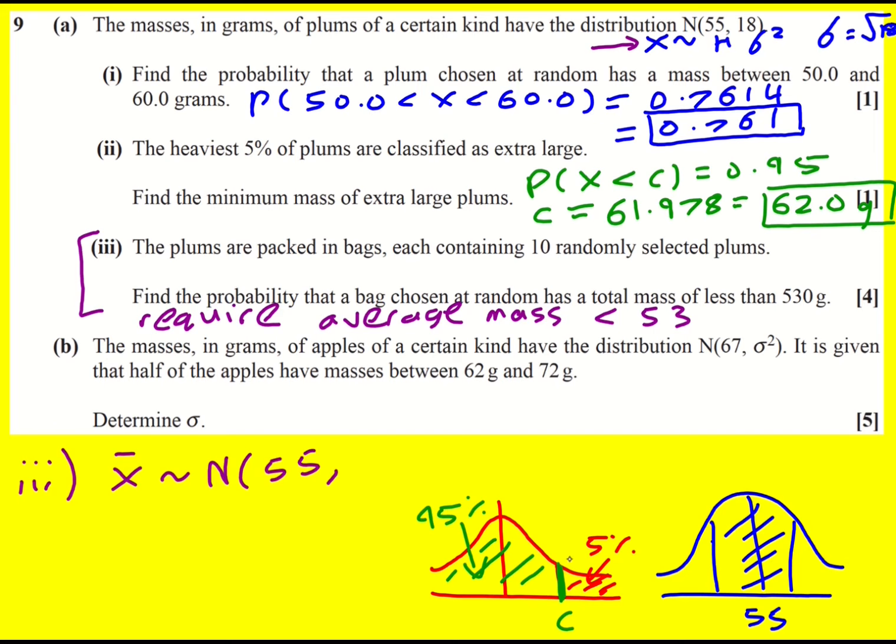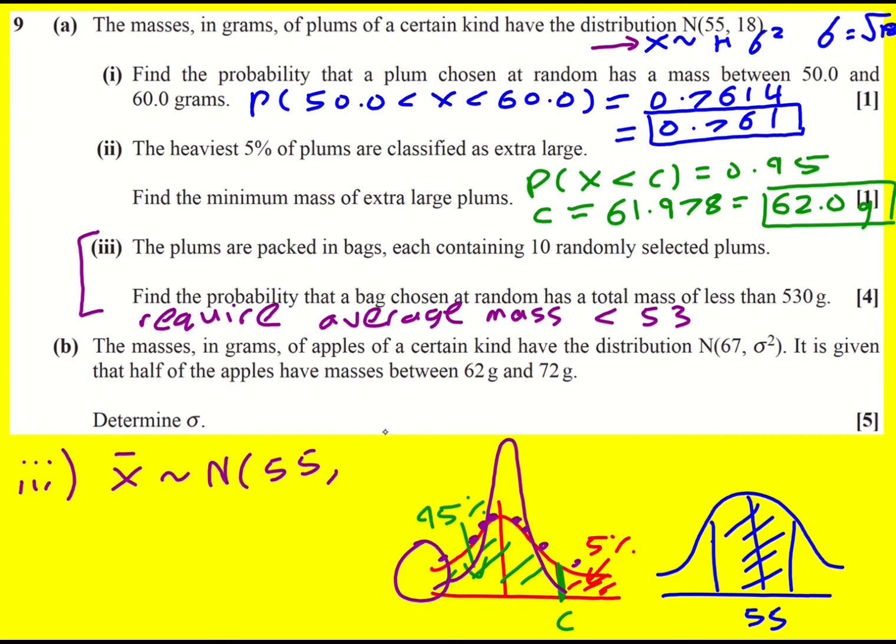But now when we're collecting together 10 masses, there's going to be more around the peak, because there's a higher chance of being picked. You're going to end up with a thinner normal distribution, because you're unlikely to pick 10 and get an average weight of, say, 51. There's a decent chance of getting that if you're just picking one, but hardly any chance if you're picking 10, because you'd have to keep picking them at the lower end.